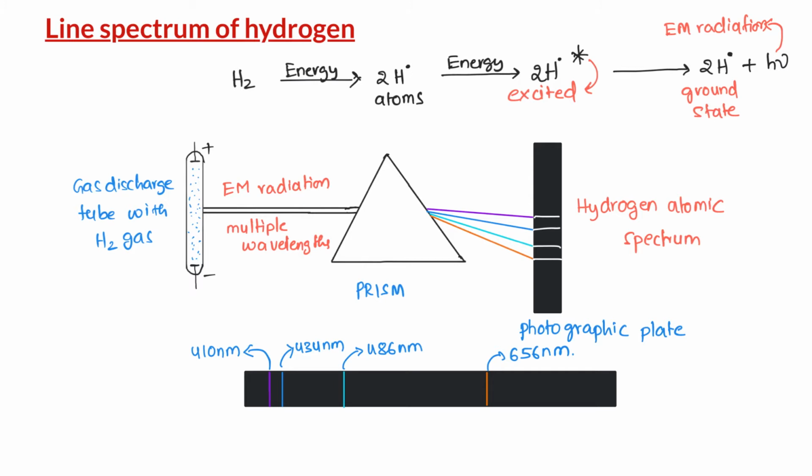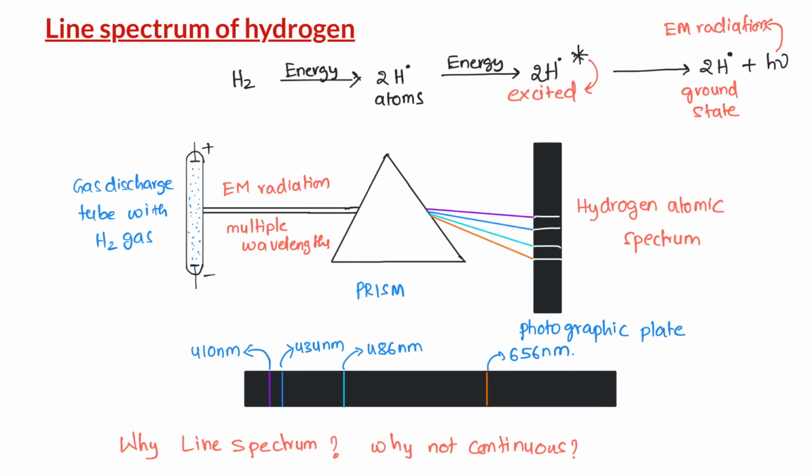The next question was why the emission spectrum of the hydrogen, or for that matter any other atom, shows discrete bright lines on a dark background. Why doesn't it show a continuous spectrum like the white light?